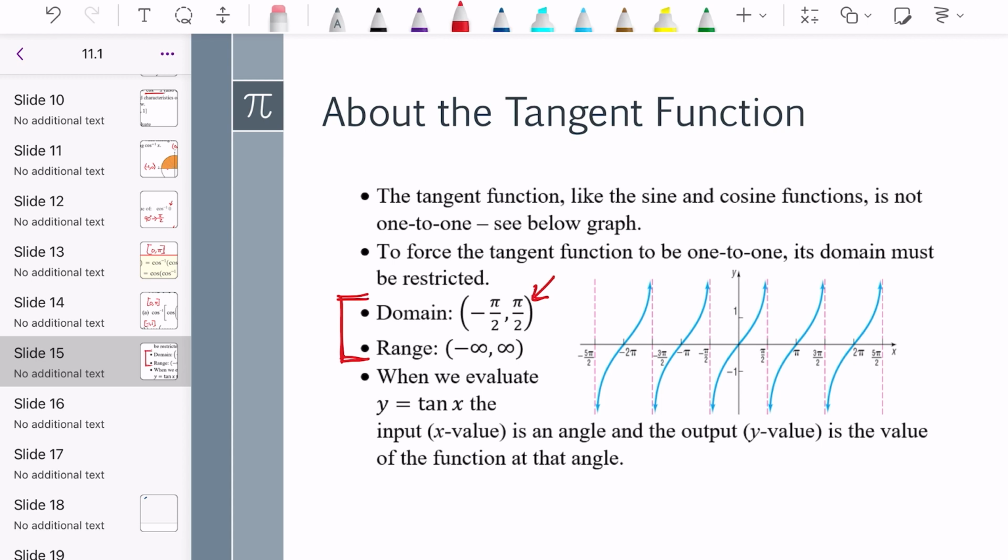The fact that we have asymptotes going vertically through our x-axis causes us to not be able to include the negative pi over 2 or the pi over 2. Everything within that range would be perfectly fine, but we cannot use those values. Once again, we cannot use negative pi over 2 and positive pi over 2, so we must use parentheses.